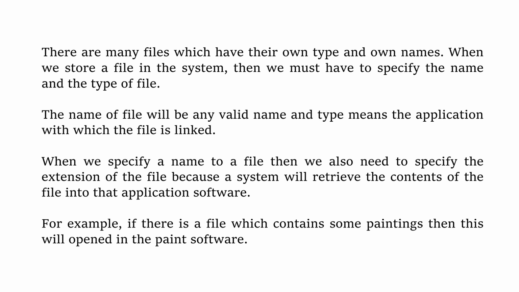There are many files which have their own type and own names. When we store a file in the system, we must specify its name and the type of the file. The name of the file can be any valid name, and the type means the application with which the file is linked.